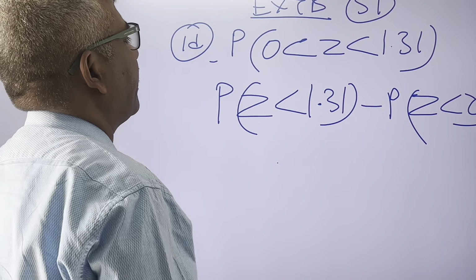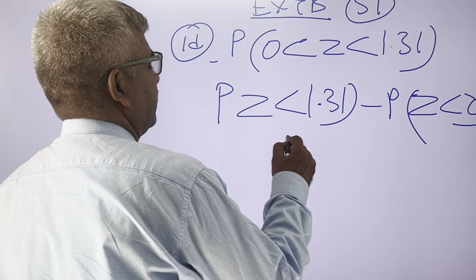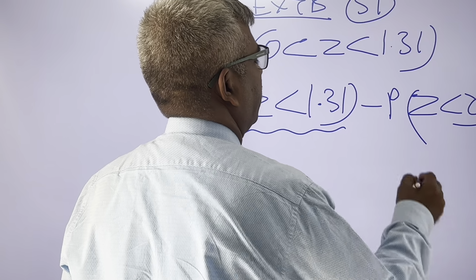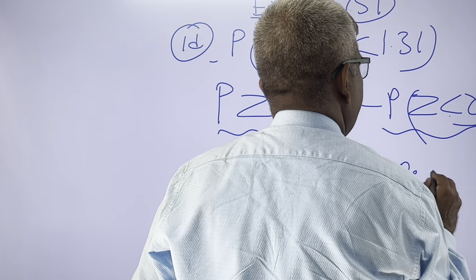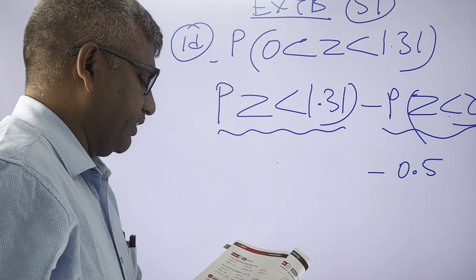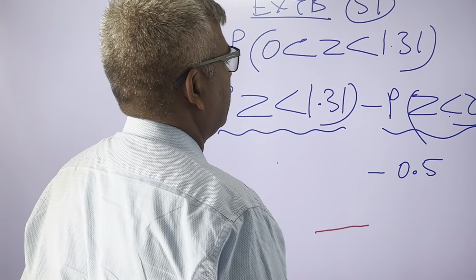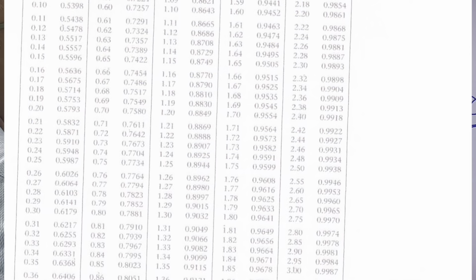Probability of Z is greater than 0 and less than 1.31, we can write like this. Z is less than 1.31 minus Z is less than 0. Less than 0 is 0.5. You look at the table 1 and 2. Z is less than 1.31, Z is less than 0, right? Okay, good. 0.5. Less than 1.31.